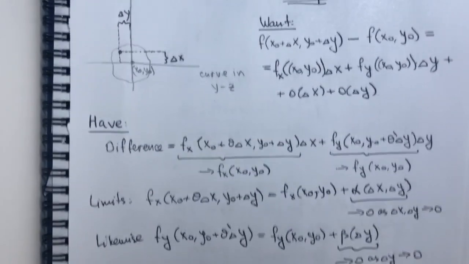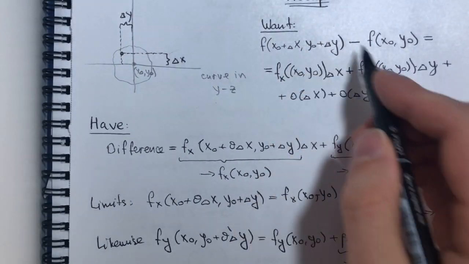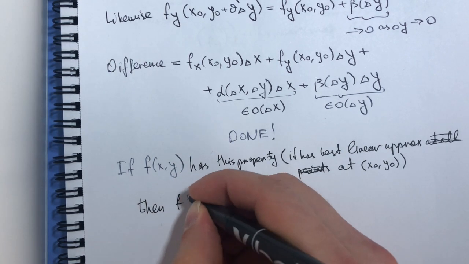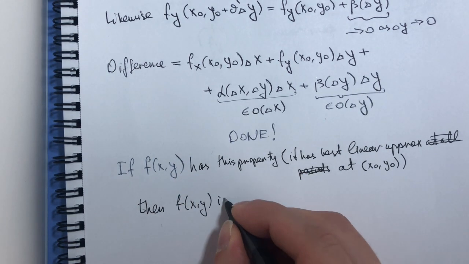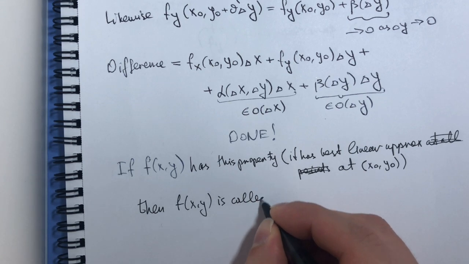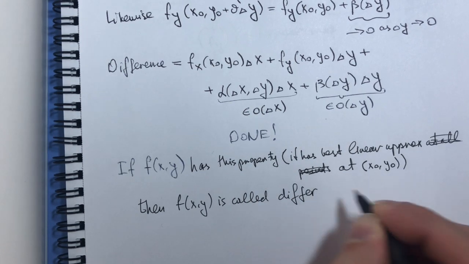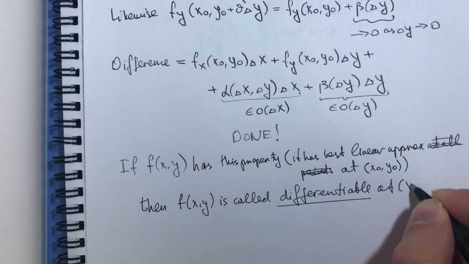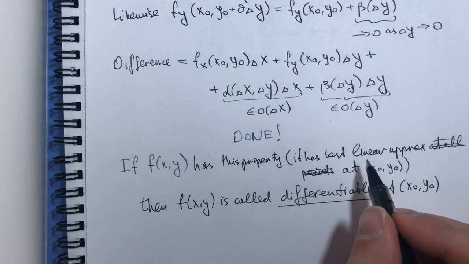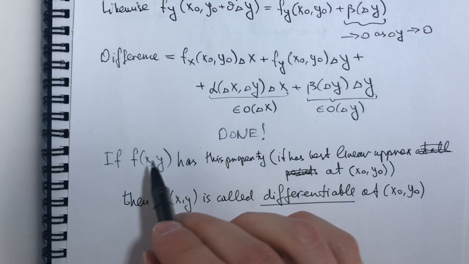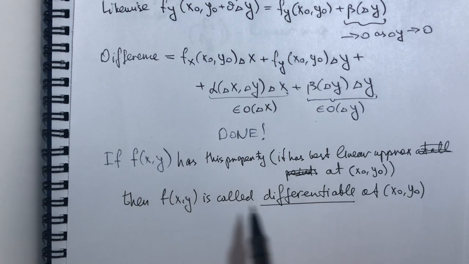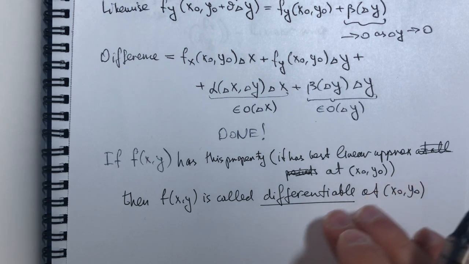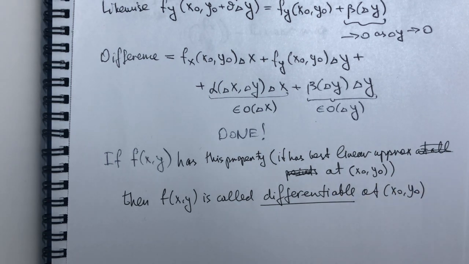So this just means that we can rewrite points in the neighborhood like that. Then this function is called differentiable at this point. So if this linear approximation exists at all points of the domain of f, then it is differentiable, just differentiable, without us attaching this definition to a specific point.